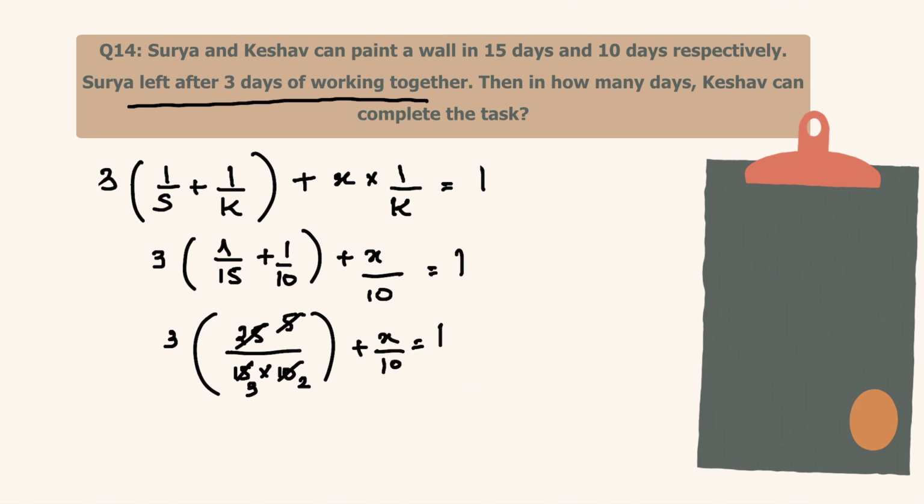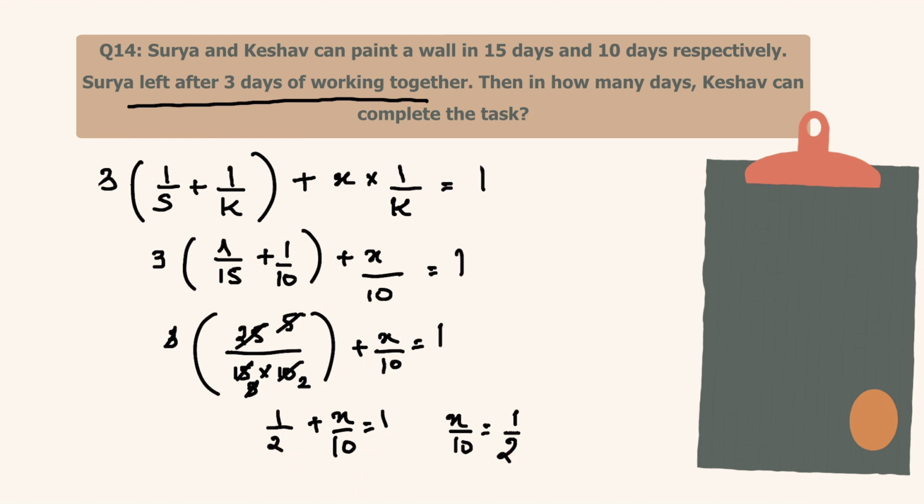So here in the denominator 3 into 2 is 6. Now you can cut here also. So it will be just 1 by 2 plus x by 10 equal to 1, which means x by 10 will be 1 by 2.